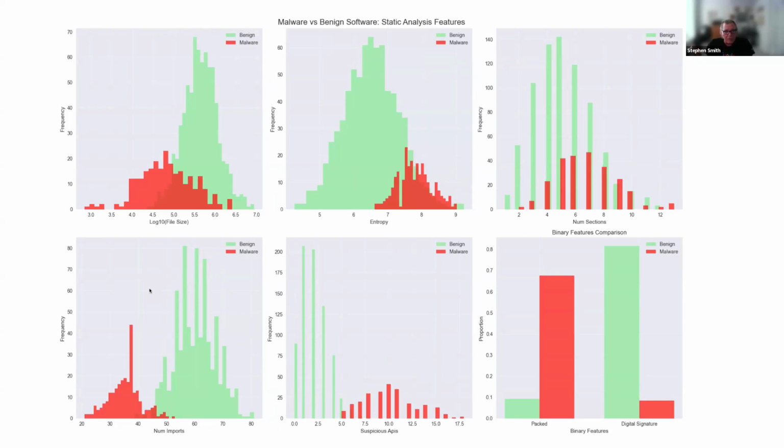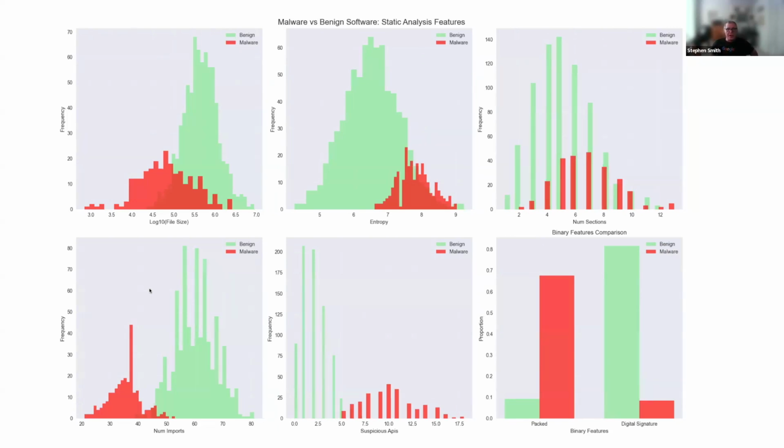If you have less randomness, it might be packed or encrypted. API calls: suspicious API calls indicate malicious behavior. Digital signatures: legitimate software is usually signed with a signature. If it's not, then it's questionable. And then you have that binary classification as malware.